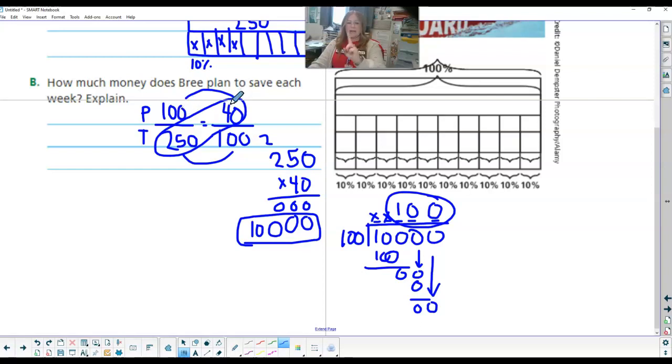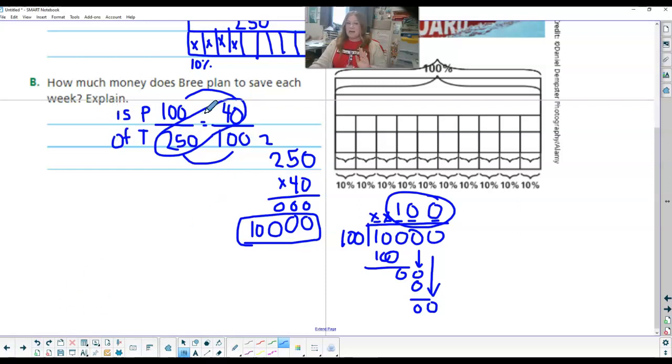So she wants to save 40%, 40 over 100. That's the same thing as her saving $100 out of 250, right? That of is going to go on the bottom. That is what she's saving, 100. Is the part, of is the total.